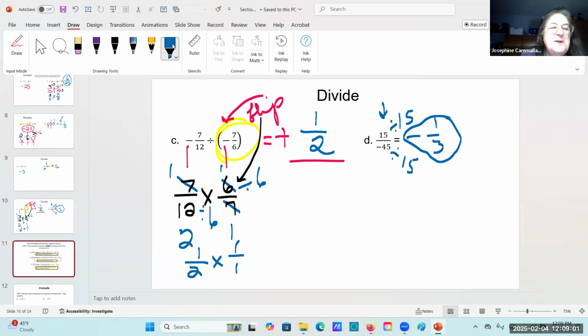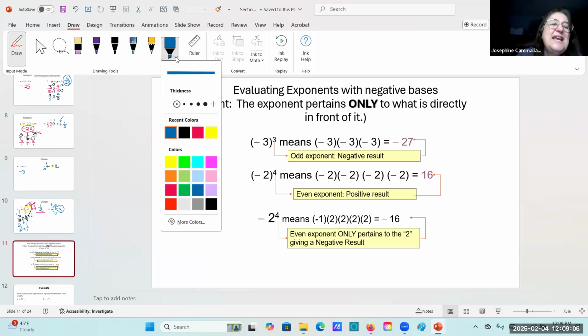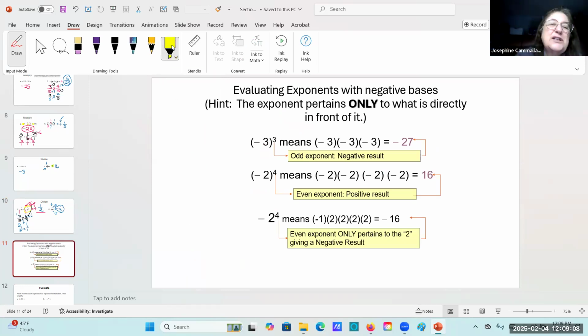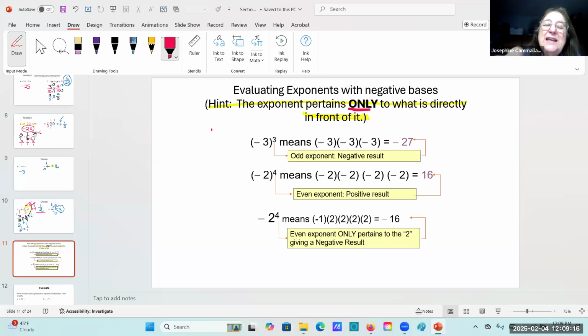Now, this is where those lovely instructions that we talked about in section 1-2 come into play. The exponent pertains only to what is directly in front of it. I want you to notice how this works. We talked about repeated multiplication, so this is going to confirm our answer.